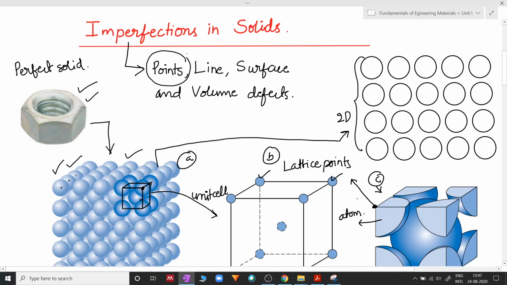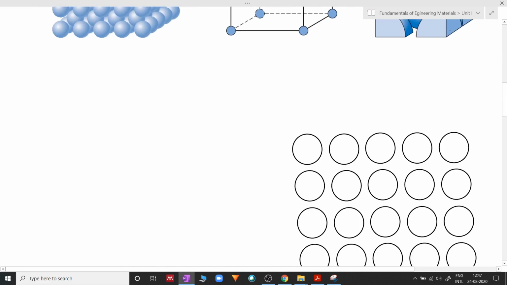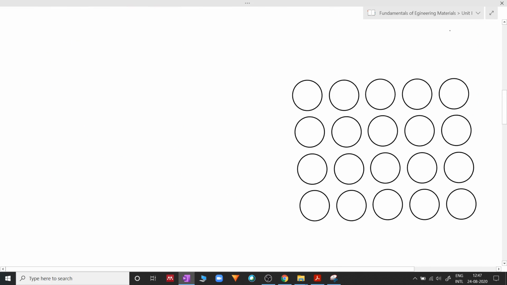I am going to explain these point defects with the help of this perfect lattice represented in 2D. So the first type of defects are point defects. Let us say this is a perfect lattice, a perfect solid.